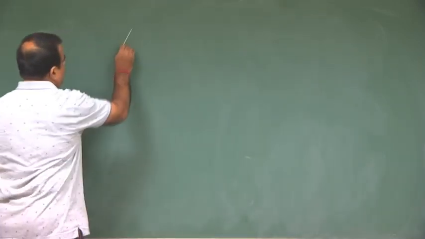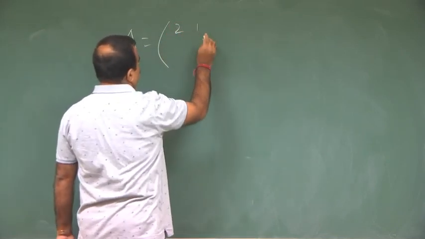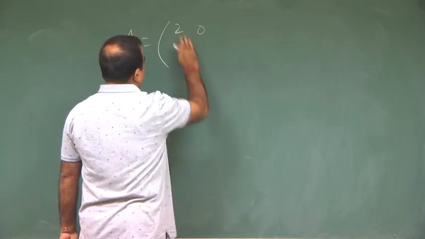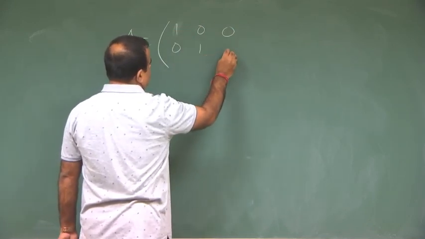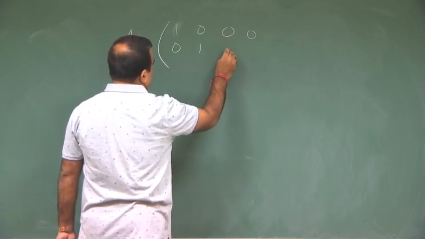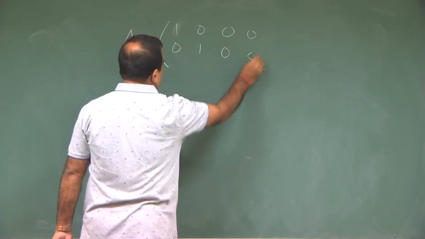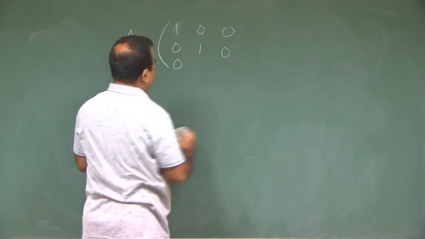Suppose we have a matrix like this: 1 0 0, 0 1 0, 0 0 1. It is a 3 by 3 matrix, simply the identity matrix.